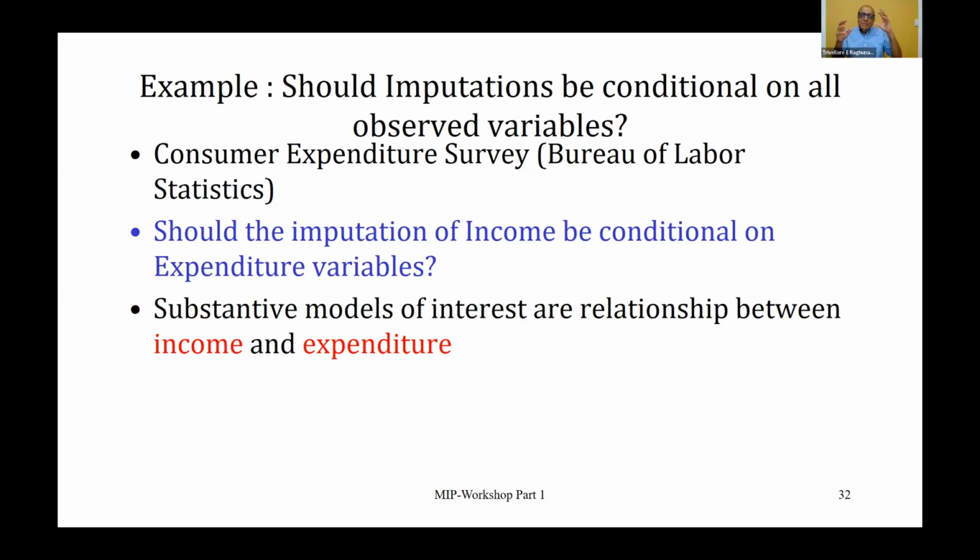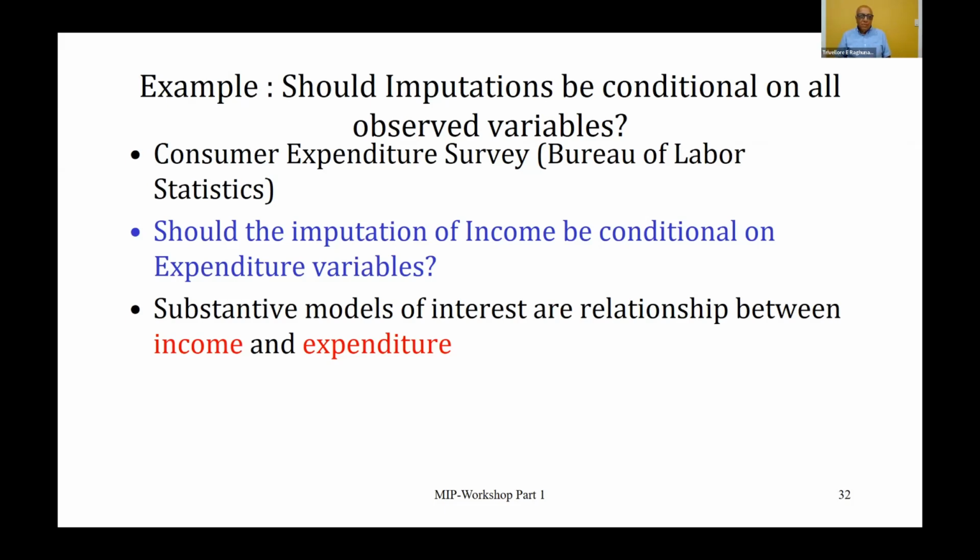The substantive models they're really interested in are the relationship between income and expenditure, or expenditure and income. Sometimes they use expenditure as a dependent variable and income as the independent variable. Sometimes they use income as the dependent variable, expenditure as the independent variable, and so on.